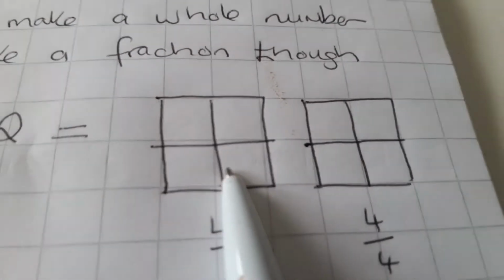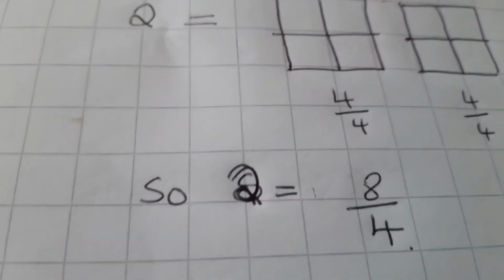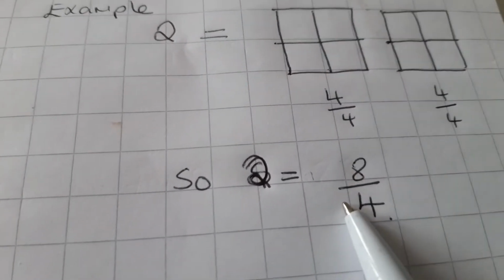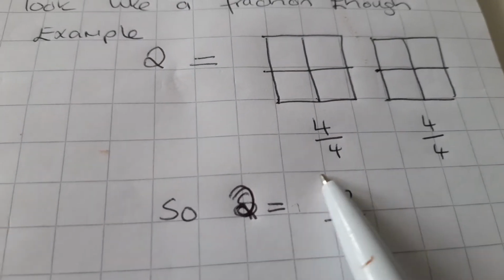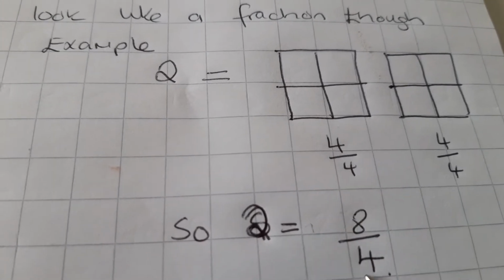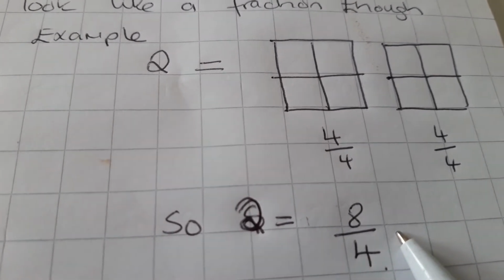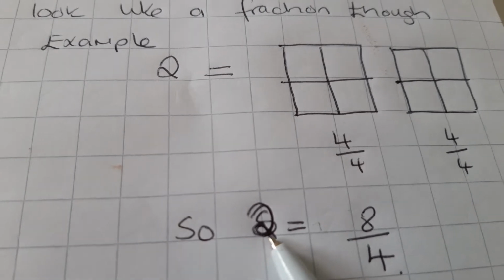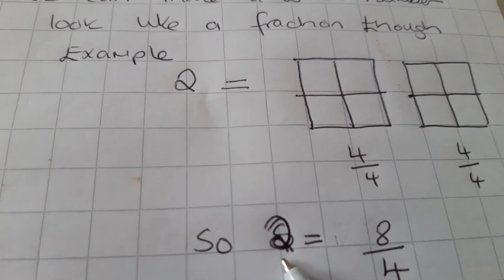So all together the number 2 has 8 quarters. So this 8 quarters is an improper fraction, which is equal to the whole number 2. And you can do that with any whole number.